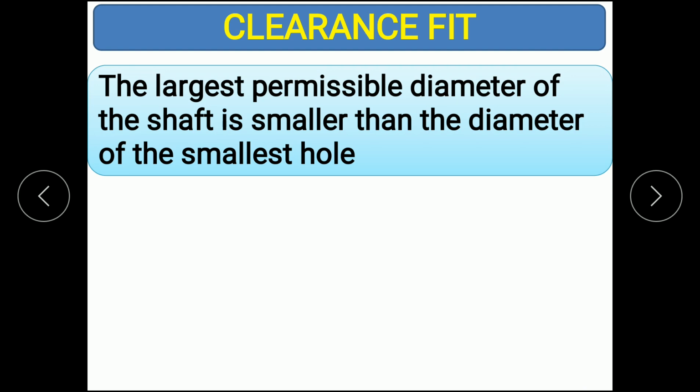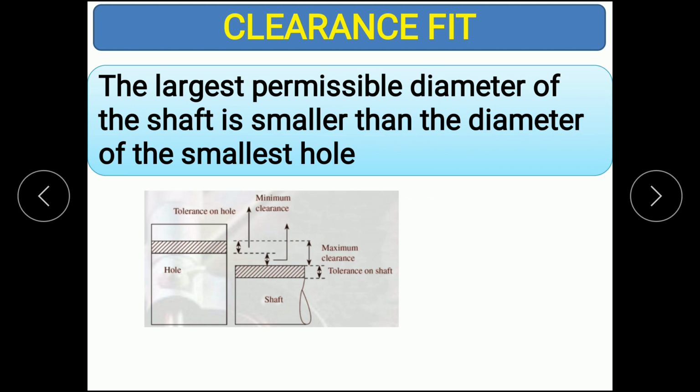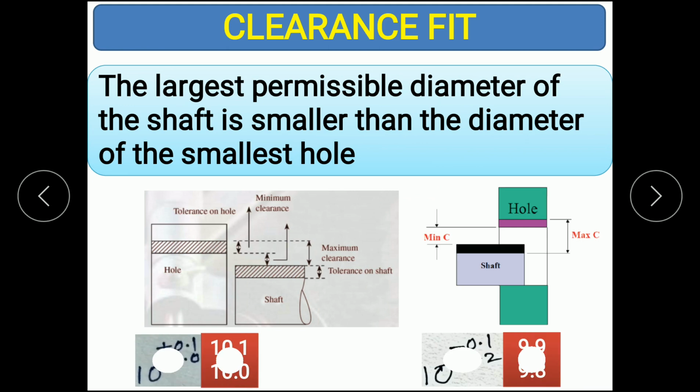Clearance fit. Clearance fit means the largest permissible diameter of the shaft is smaller than the diameter of the smallest hole. You can see here, this is the hole and this is the shaft.